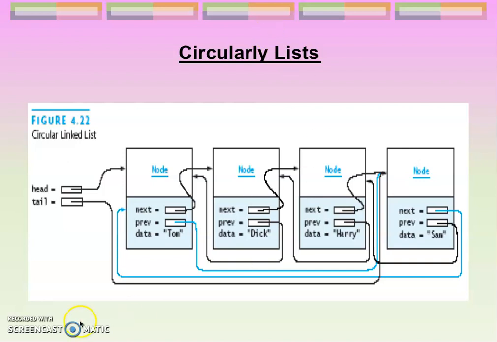Okay, so we can see here that we still have the doubly, which means inside that node we have a pointer to the next and also a pointer to the previous. Up to the last one, supposedly the last node will be pointed to null, right? But for this circularly linked list, the last one will be pointed back to the first node. That is the difference in circular. That's why we call it circular, because it goes round and round like that.